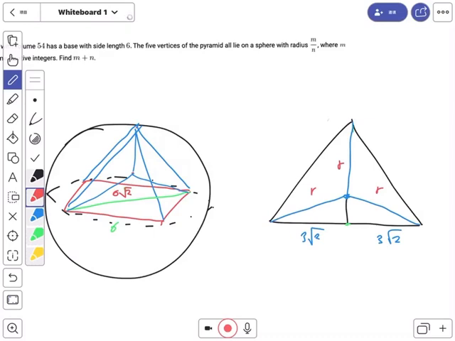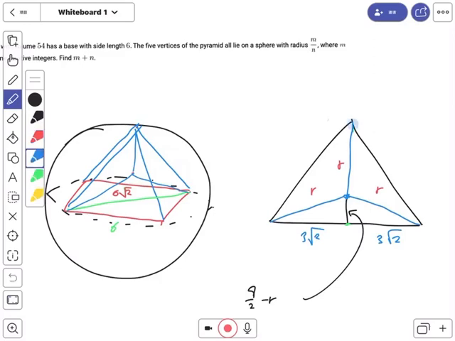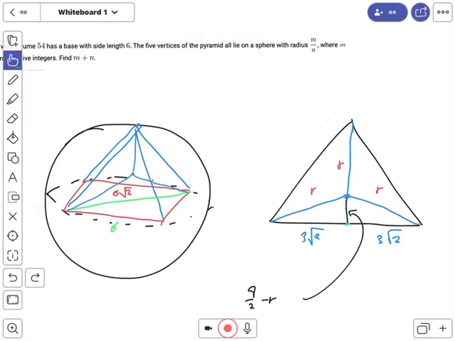Wow, this is really great information. Now what do we do? So we can actually try to find this part. This part is just 9 over 2 minus r, because the entire length I'm highlighting right here is equal to 9 over 2. So we subtract this, we get 9 over 2 minus r.